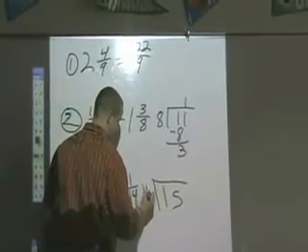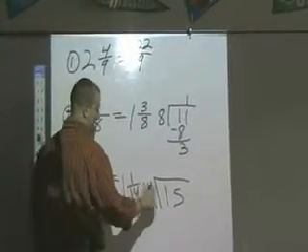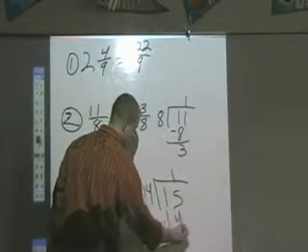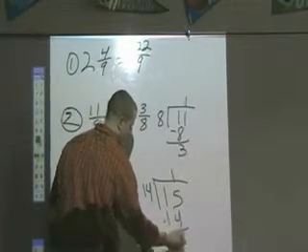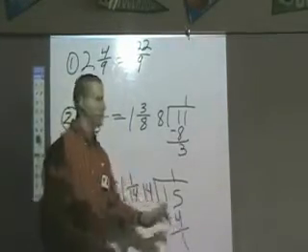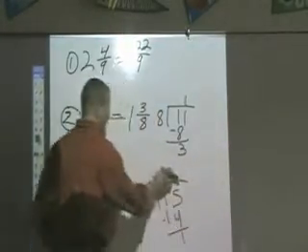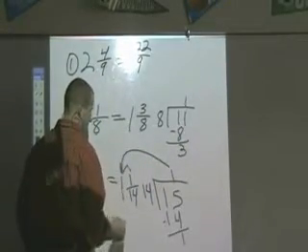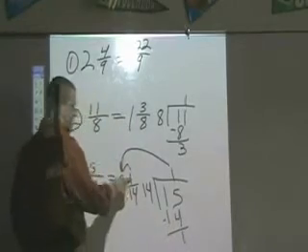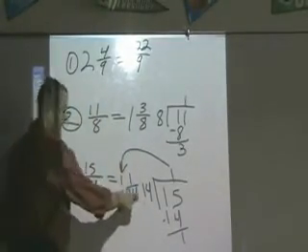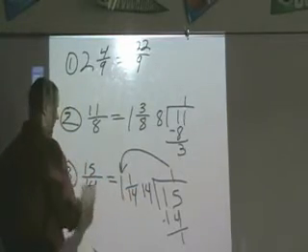Horse goes outside. 14 can go into 15 once. Subtract it out. 15 take away 14 is 1. Ah, but Mr. Stewart, I see two 1s now. Remember, whatever your number here, your quotient, that becomes your whole number. My remainder is my numerator, and my denominator stays the same. Whatever my divisor is, that's my denominator.